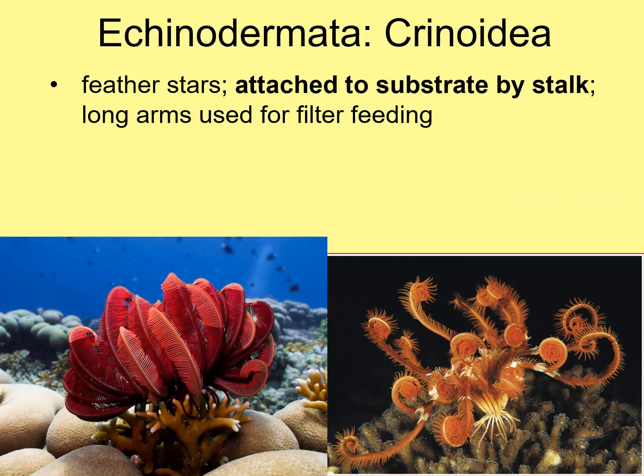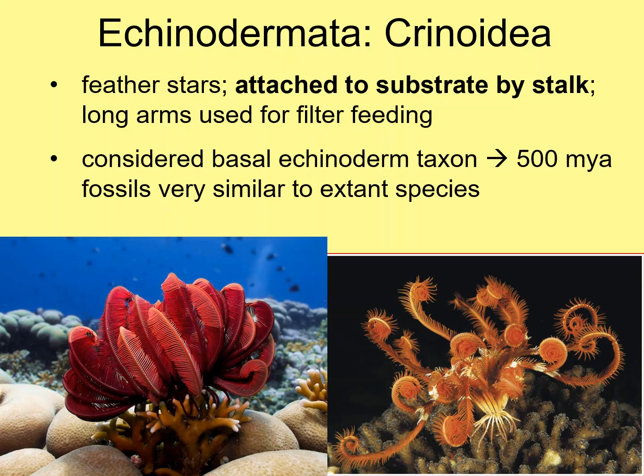Okay, so you're probably looking at these things wondering, what on earth is this crazy looking thing? So crinoids are some of our oldest echinoderms. We think they're actually our basal taxon. We have fossil crinoids that look almost exactly like living species.